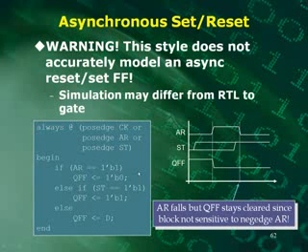However, big warning here in doing this. It doesn't accurately model an asynchronous set, reset flip-flop. Avoid these. And I'm going to show you why. Let me get a piece of paper and draw some of this.